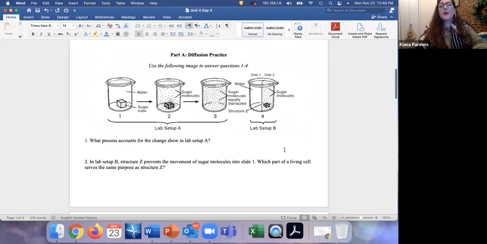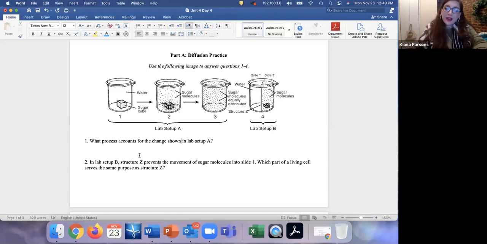All right, part A, diffusion practice. What process accounts for the change shown in lab setup A? So let's take a look at the diagram. We have here a beaker, and in the beaker there is a sugar cube and some water, and it looks like time passes and the sugar molecules begin to diffuse into the water, and then over time the sugar molecules have become equally distributed, right?